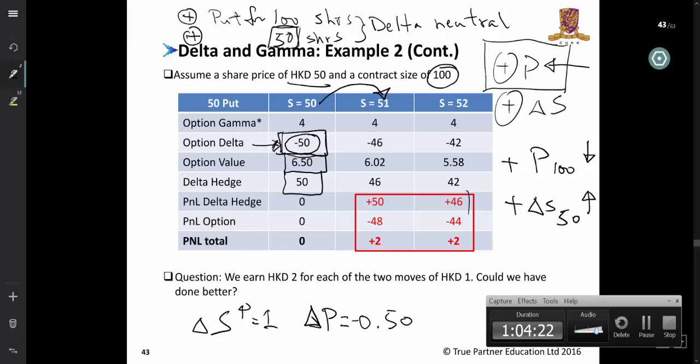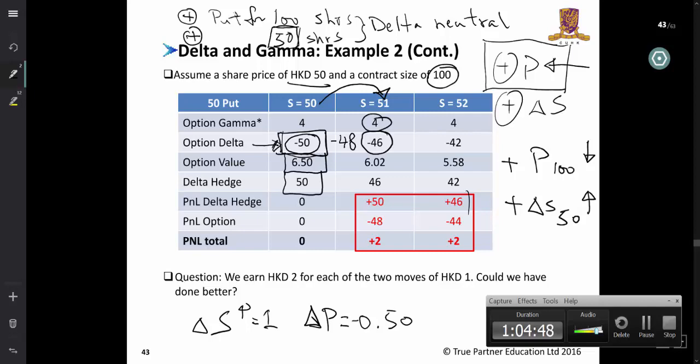If your option gamma doesn't change, then your option delta will go from minus 50 plus 4, which becomes minus 46. So the average delta is just between the two, which is 48.